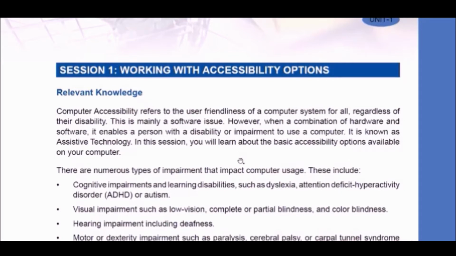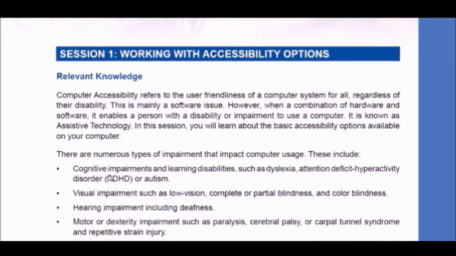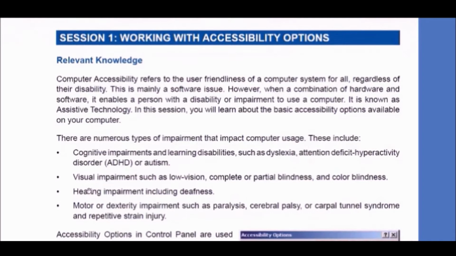First of all, we should know what types of impairments there are. First, cognitive impairment and learning disability: persons are not able to understand or grasp a certain concept, and they have problems in learning. Then visual impairment: low vision, partial blindness or color blindness. We are not talking about complete blindness, just low vision.